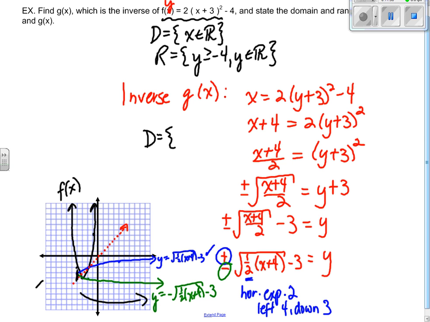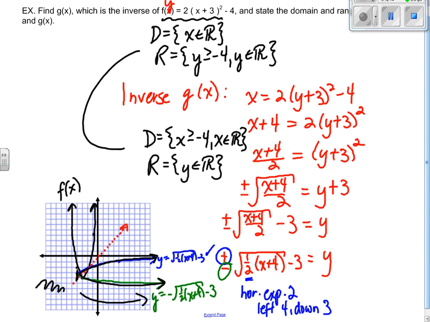So there is no domain over here. So my domain is x greater than or equal to -4, and it's a real number. The range appears that it will eventually go vertically, upwards and downwards forever. It would be y is an element of the real numbers.